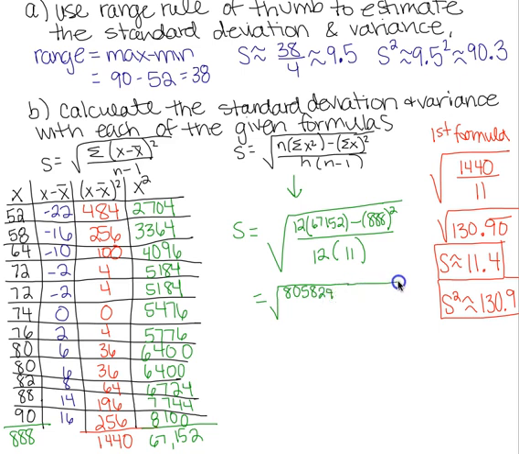And sorry, that looks like a 9. That guy is a 4, but I don't have an eraser on this thing, so I can't fix it. 888 squared is 788,544. And then on the bottom, 12 times 11 gives me 132.